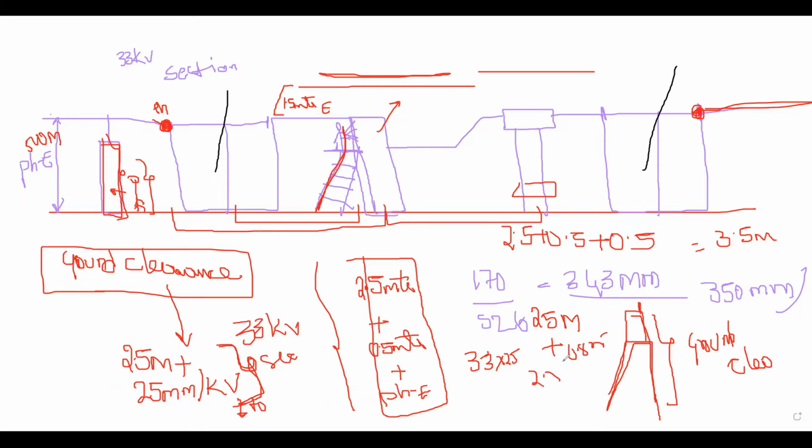So 2.5 plus 0.825 is nearly 3.3 meters, so say 3.5 meters. So the height to be maintained is 3.5 meters for 33 kV. And for 220 kV, it is 5.5 meters. For 220 kV, the ground clearance we generally meet is 5.5 meters.